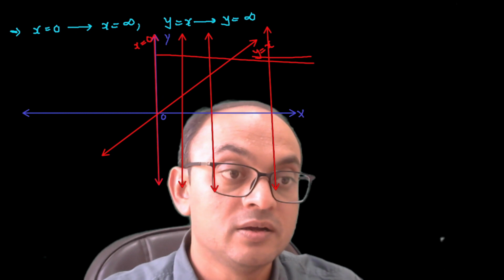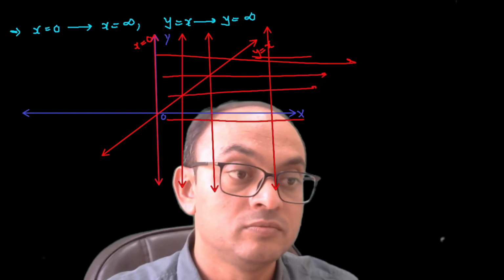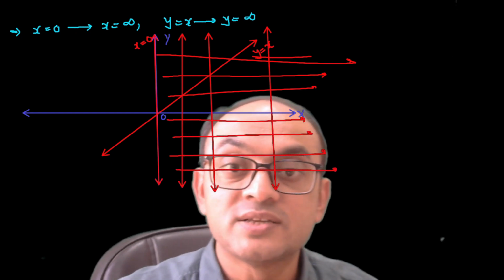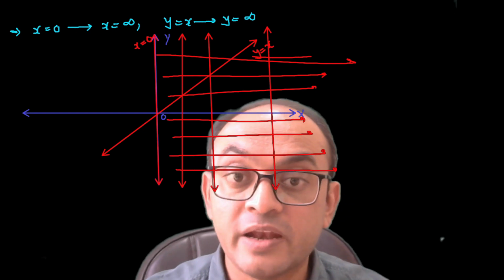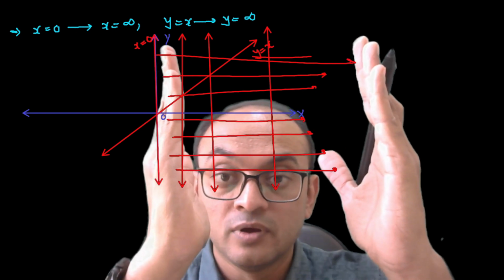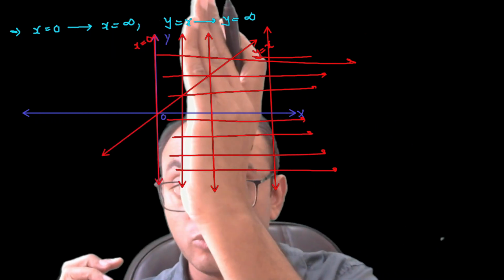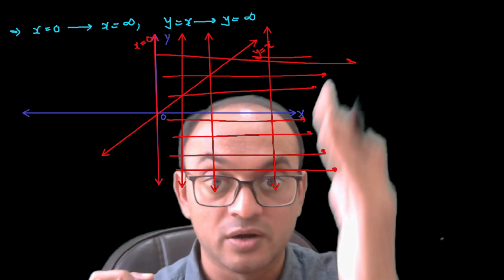I am collecting this whole portion, which means x is equal to 0 to x is equal to infinity. That means my region is in this portion. My region is not in this portion, so this has gone. Only I have to find out my region in this part.